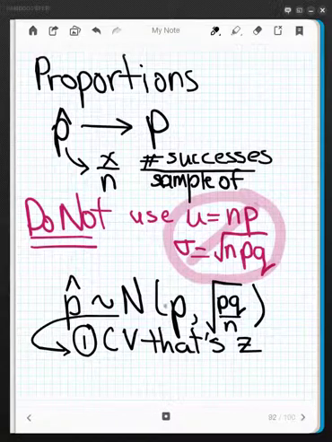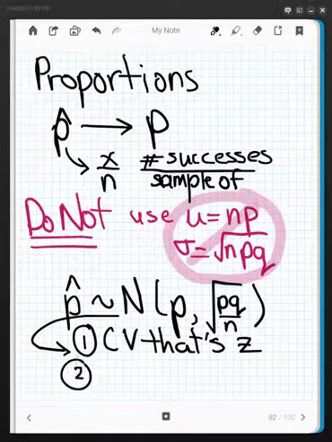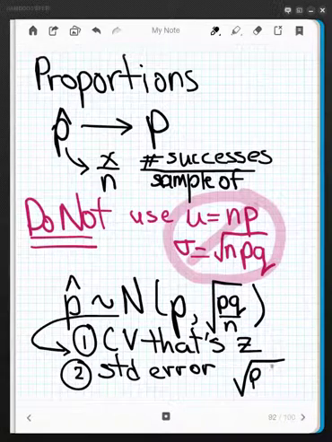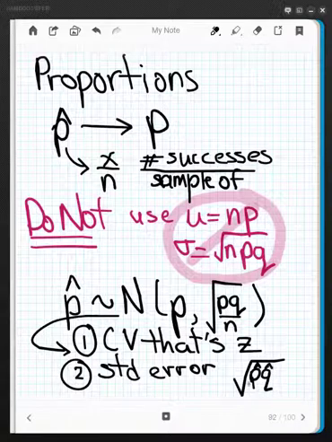So when we do proportions, the sampling distribution of the p-hats is normal, so we use a z for a critical value. And second of all, our standard error is going to look like the square root of p, and we're going to use p-hat because we don't know what p actually is. We're trying to estimate it, so we use p-hat and q-hat.